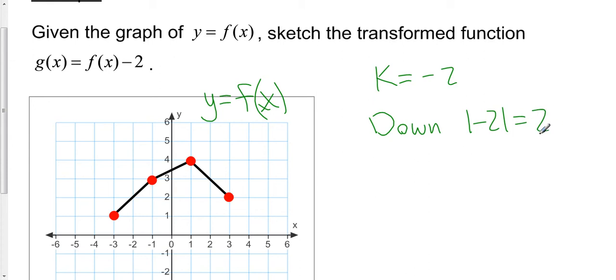I'm moving down 2. So I'm going to take these key points and move each of them down 2. And then I draw my graph. Notice it's just the position of the graph that's changed, it's not the orientation or the shape of the graph.